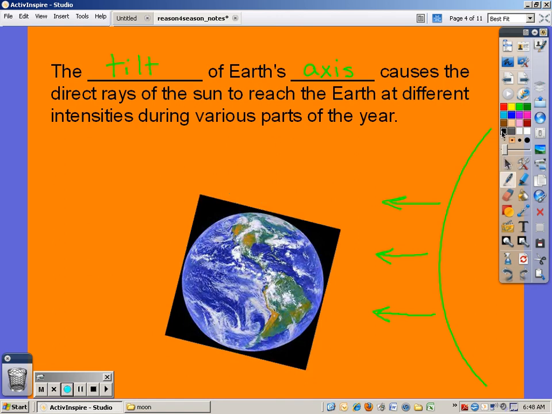The axis itself runs about like that, and this angle right here would be about 23.5 degrees off vertical.